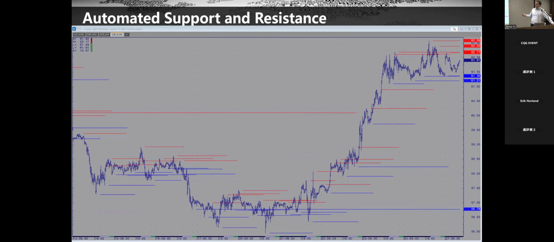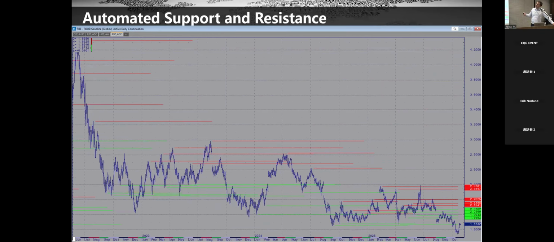Is there a systematic way we can buy or sell a break, or if we want to buy a reversal on a support, etc.? So this is just a different way to look at it. Looking at RBOB over here on a daily basis as well, we can see that there are ways we can do some testing on these.